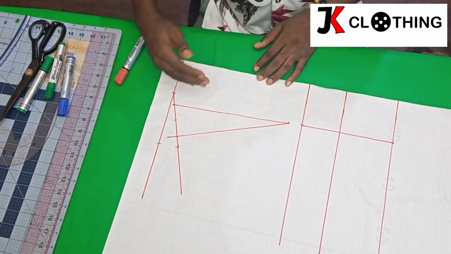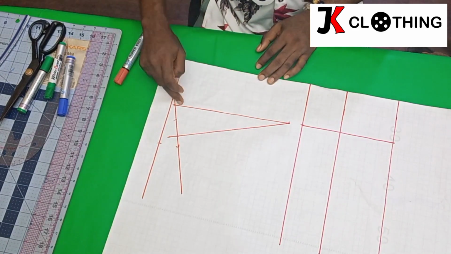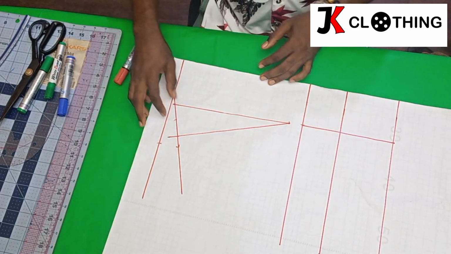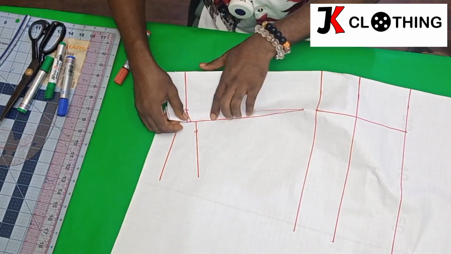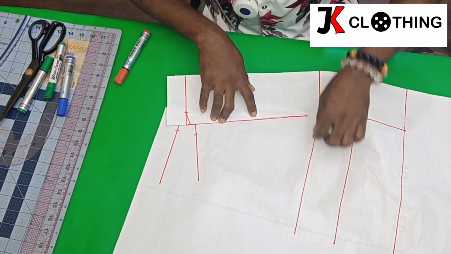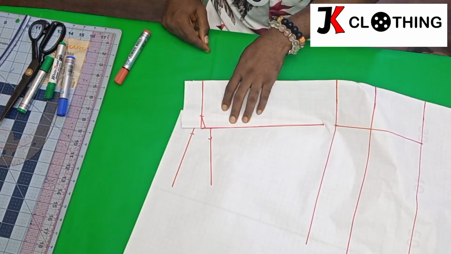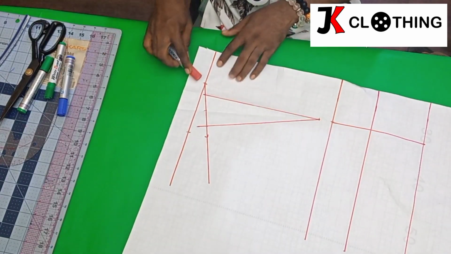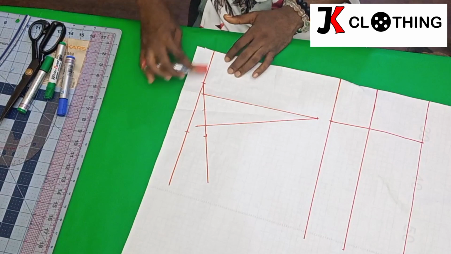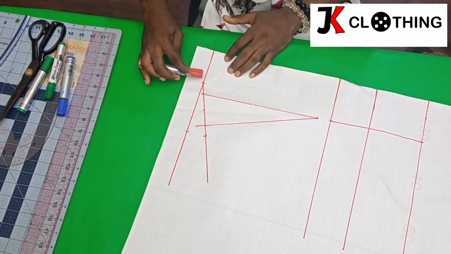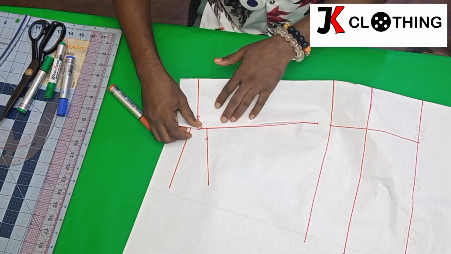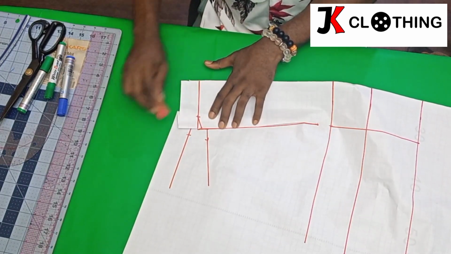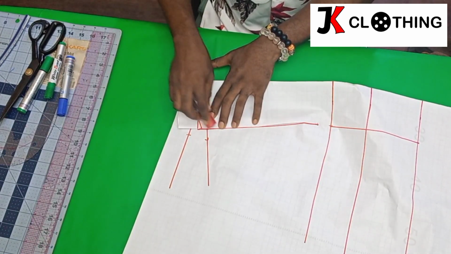Next, we would fold this dart onto the other dart. You'd see that this shoulder slope, which was starting from the neck depth all the way to the shoulder slope at this point, when it is folded on, that line gets truncated along the way.